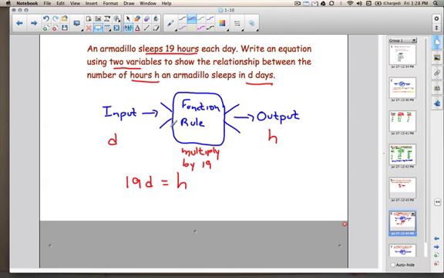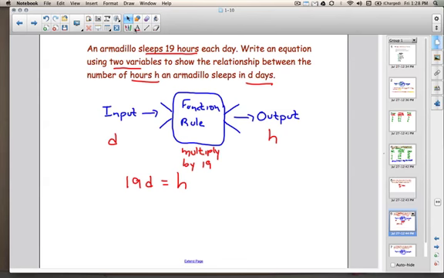So now we're going to apply our function. Let's say we want to figure out how many hours an armadillo sleeps if he sleeps for 4 days. So I just said that the armadillo is going to sleep for 4 days. That means here where we have D, I'm going to be inputting the number 4.